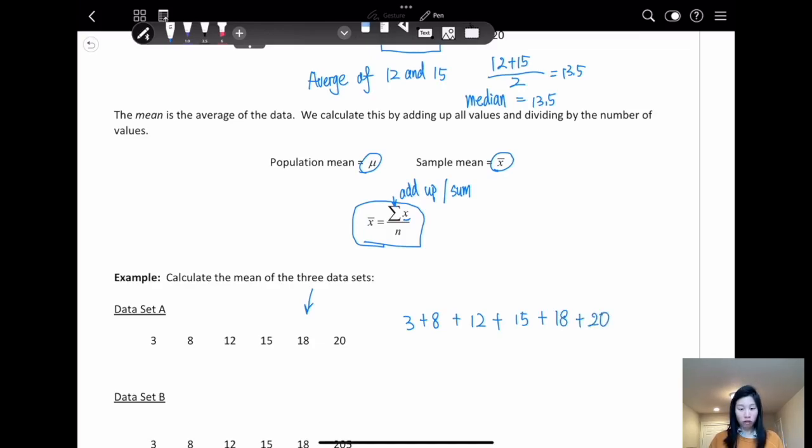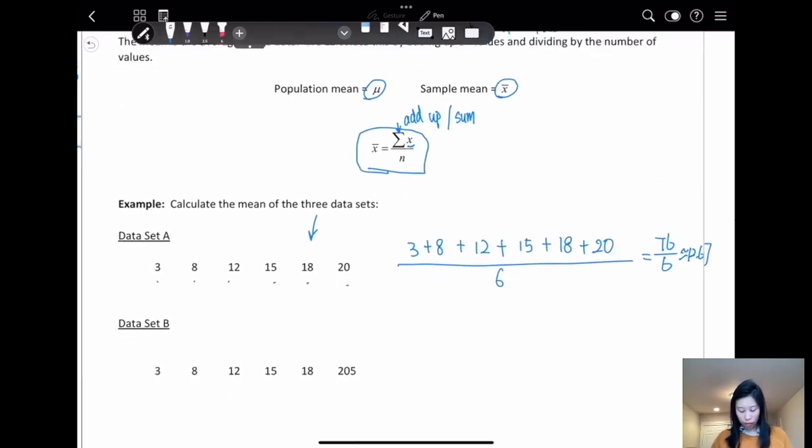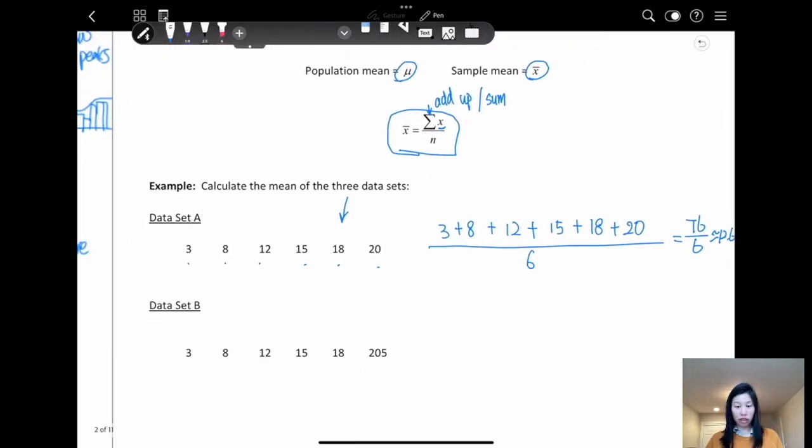We add up all the values from this data set and then divide by the number of values. How many do we have? 1, 2, 3, 4, 5, 6. So we divide by 6. This is going to be our mean, which is 76 over 6, approximately equal to 12.67.